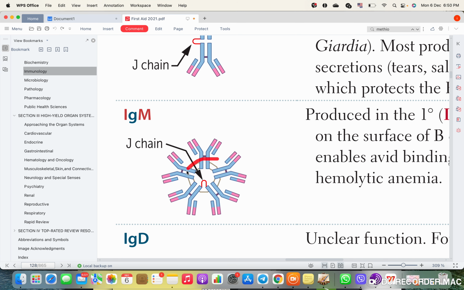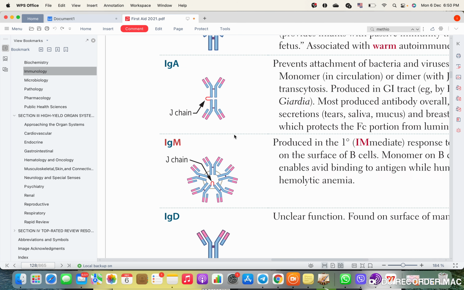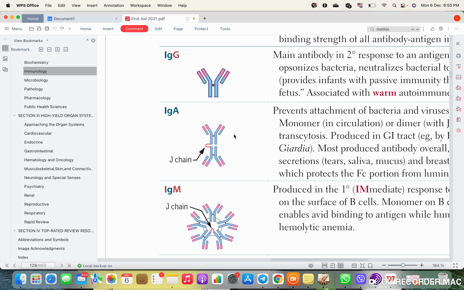The Fc portion can also make you an IgM. Guys, between these three, which one is the smallest? Is it IgG, IgA, or IgM? Which one of these antibodies is the smallest?